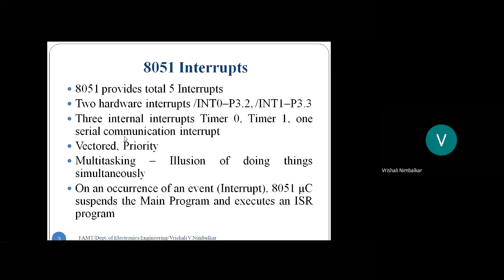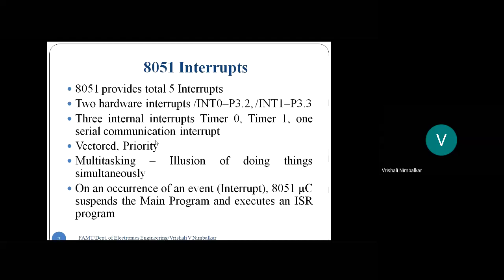And the remaining 3 interrupts are generated internally by the respective peripherals: timer 0, timer 1 and serial communication. Now see, in serial communication, we have transmission as well as reception.